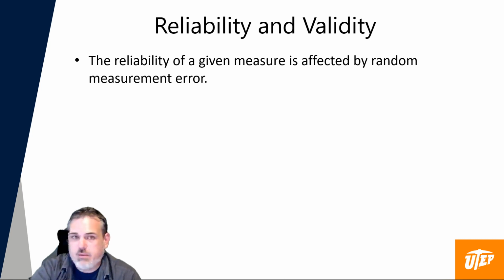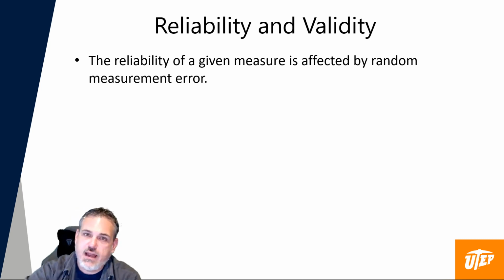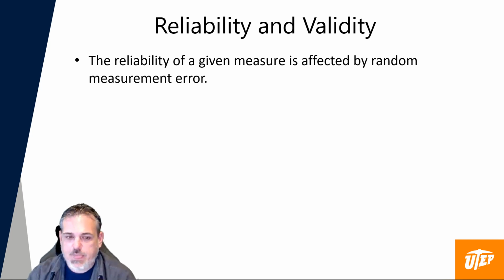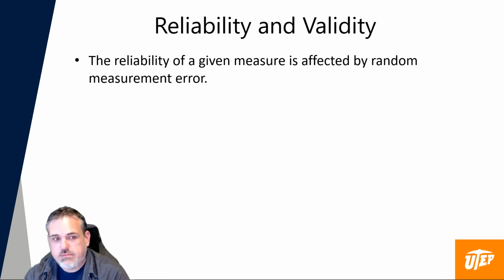So the example I previously gave, the test itself attempts to accurately assess the knowledge of the students, but a random error was inserted, and for those particular students, it did not assess reliably their knowledge of what they were being tested on. That's problematic.